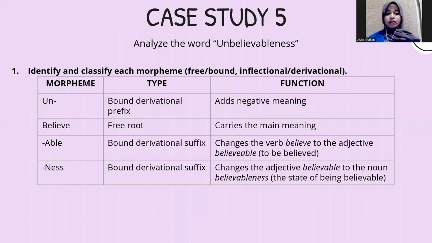And then the morpheme able is bound and derivational and is a suffix. The function is to change the verb believe to the adjective believable, with the meaning to be believed. And then the last one is ness, a bound and derivational suffix. It changes the adjective believable to the noun believableness, meaning the state of being believable.